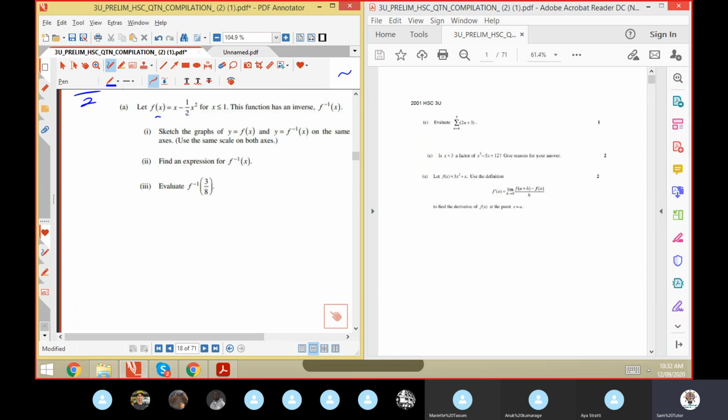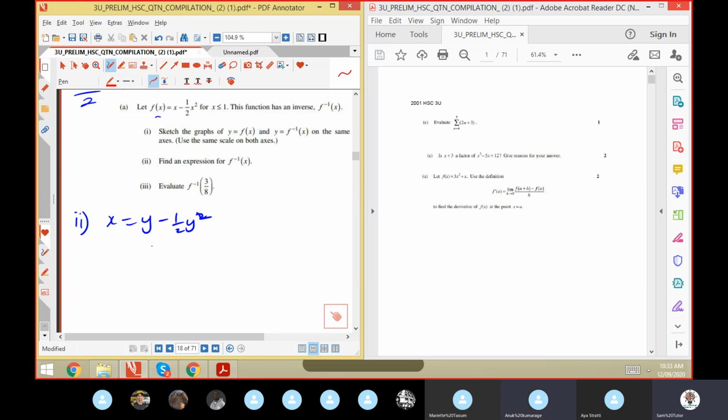Make x the subject. I'll make y the subject. So change your x for y, part ii. x equals y minus half y squared. Can someone help us out? What are we eventually going to need to do? We're going to need to complete the square.